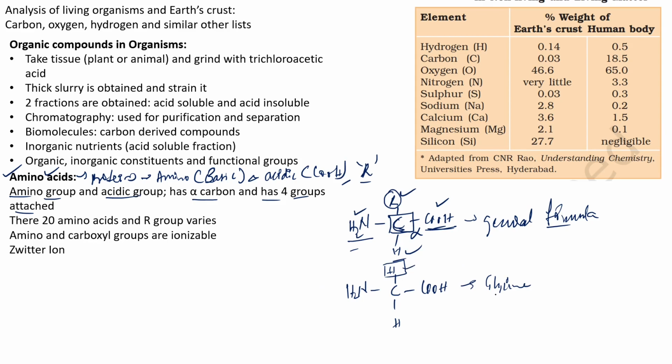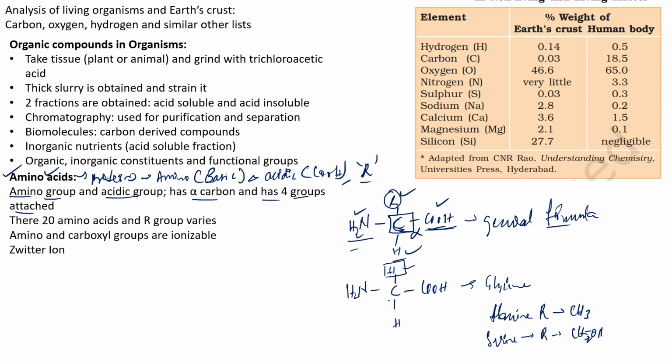In the case of glycine, it has a simple hydrogen as the R group. Now consider another amino acid, alanine. In alanine, the R group is simply a methyl group, that is CH3. And in the case of serine, the R group is CH2OH, which is a hydroxymethyl group.